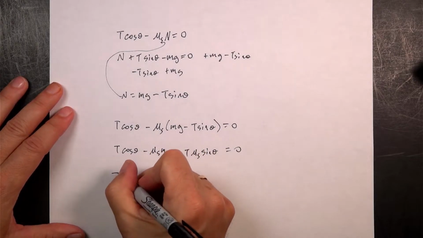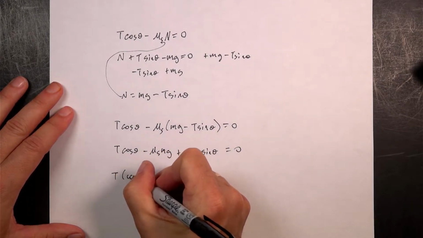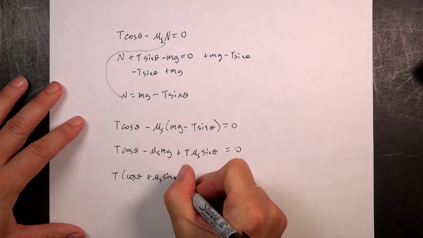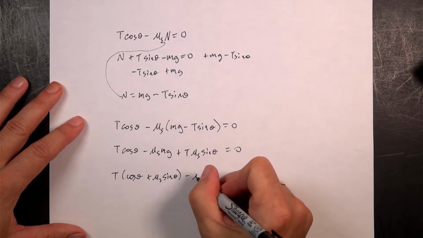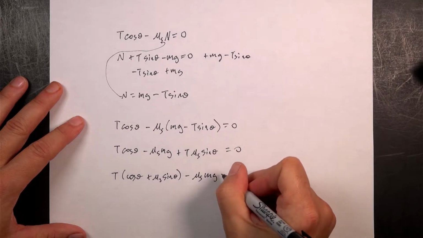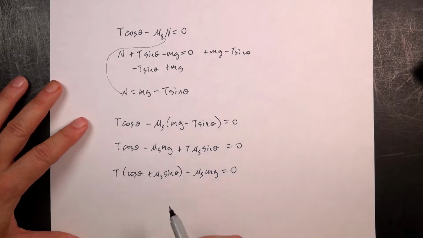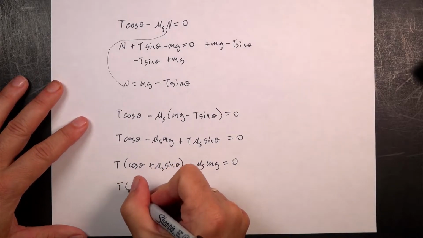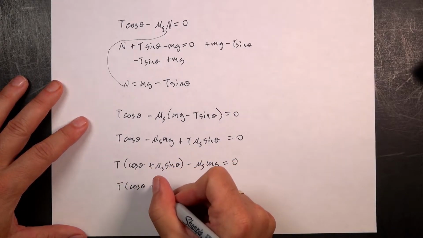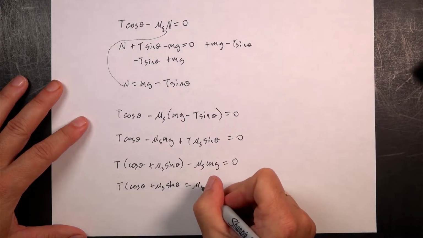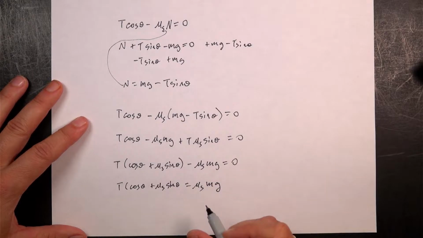So this is going to be t times cosine theta plus mu s sine theta, minus mu s mg equals 0. Now I can add this to both sides. I get t times cosine theta plus mu s sine theta equals mu s mg.